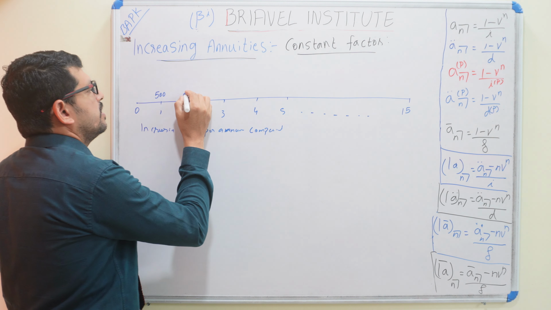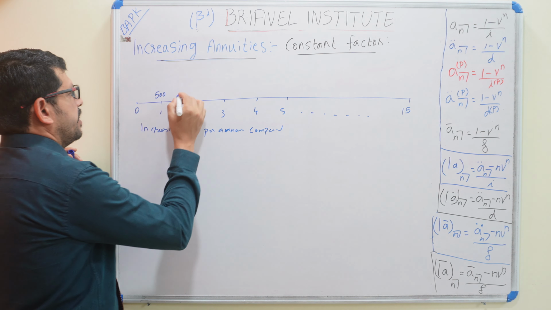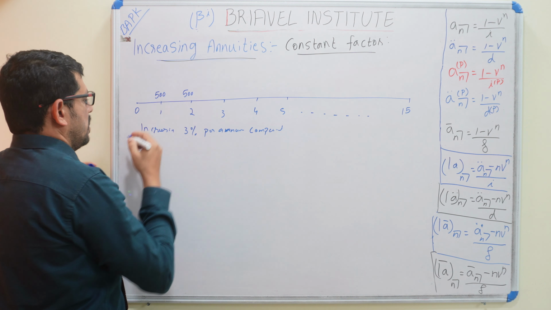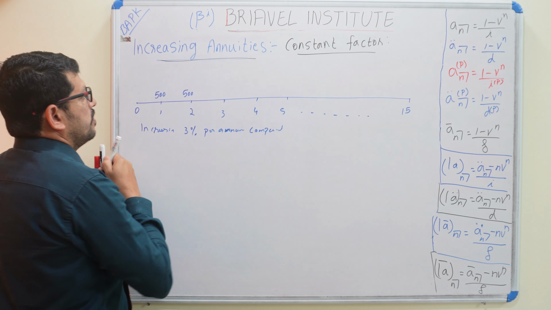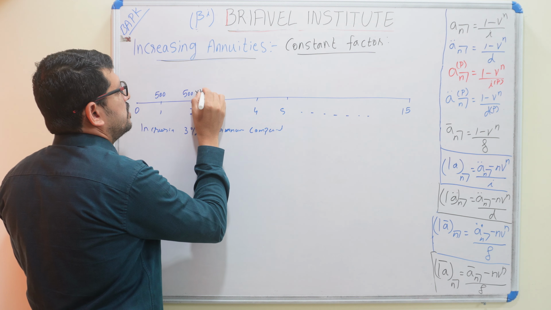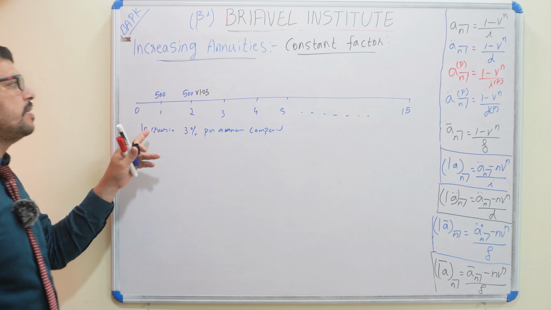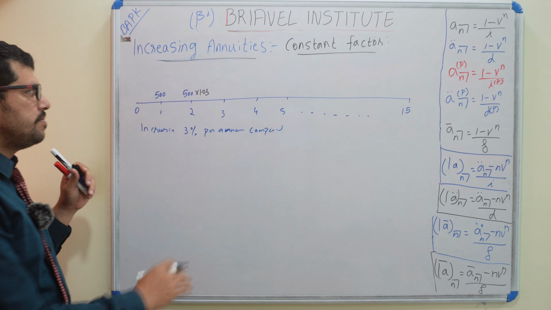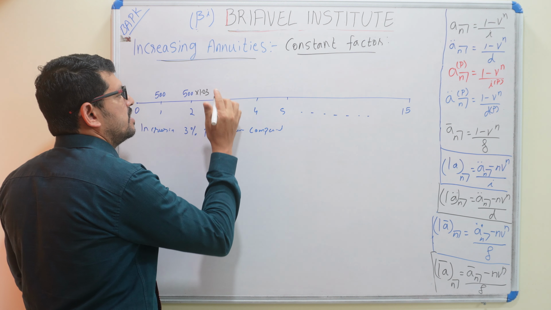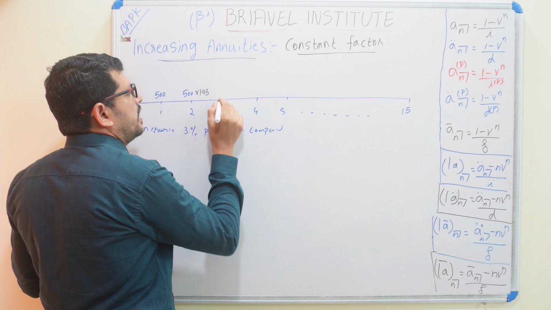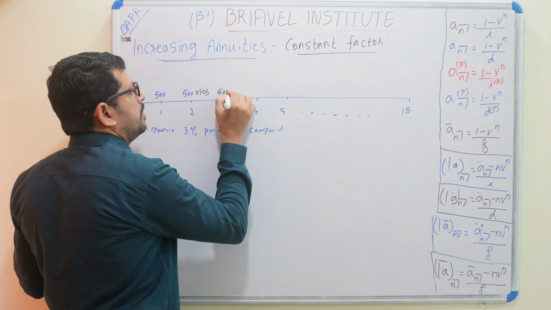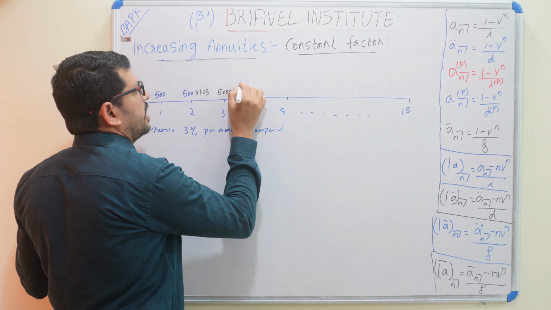So next year will be 500 multiplying with the 1.03, increasing by the 3%. What will happen next year? Third year it will be 500 multiplied with 1.03 square.